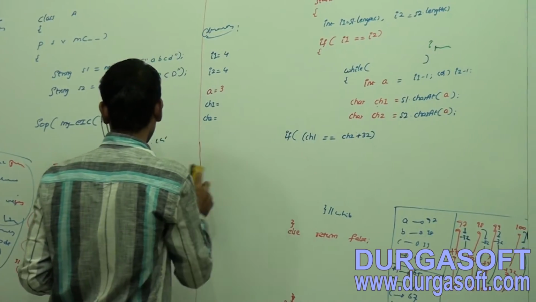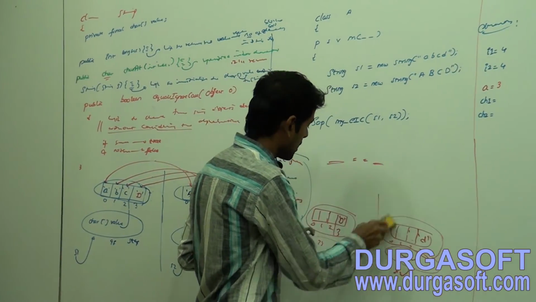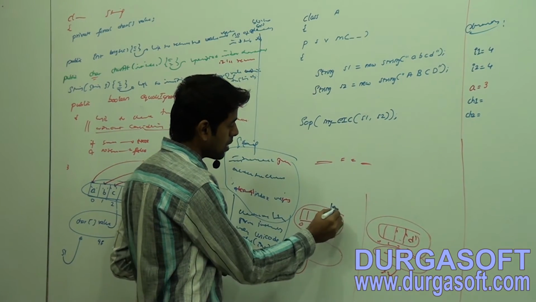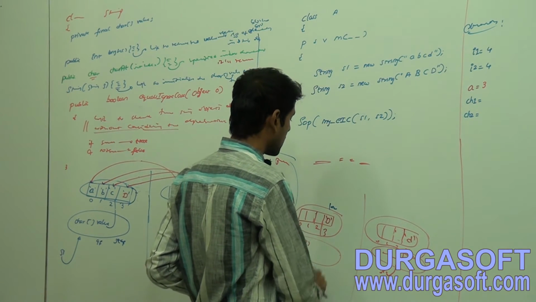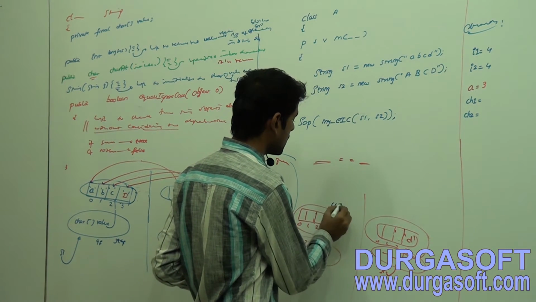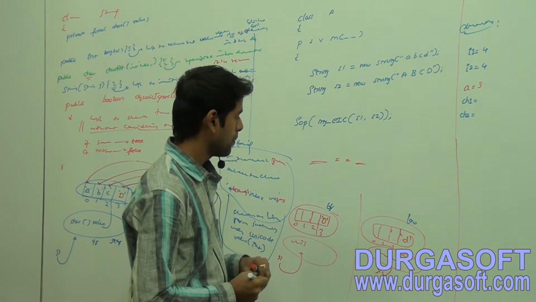Now just observe for a while. Capital D Unicode is what? 68. Small d Unicode is 100.